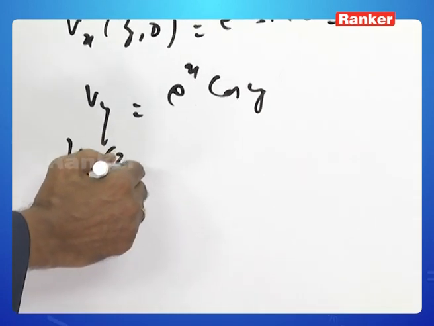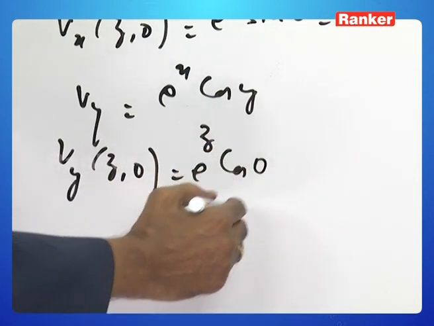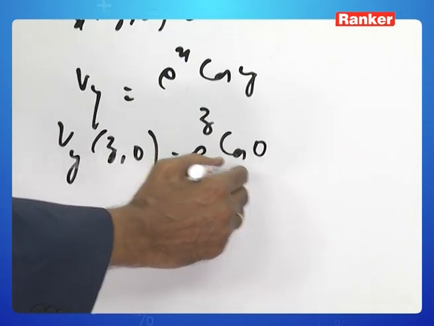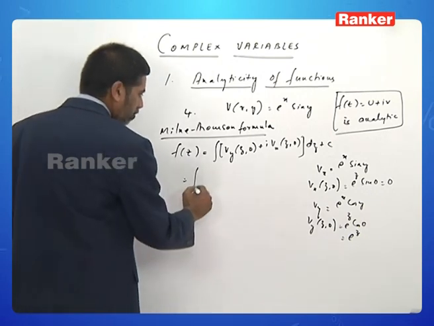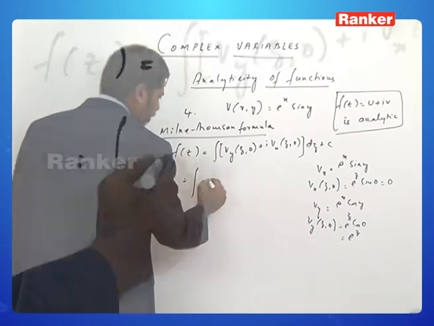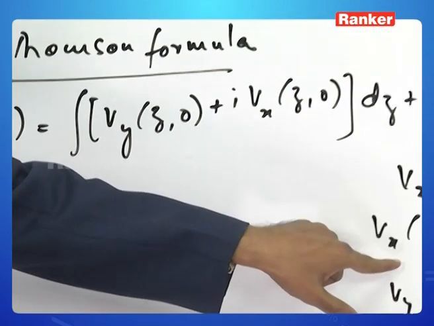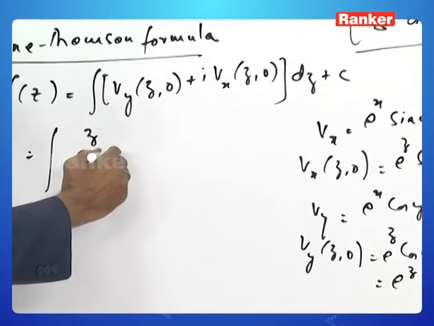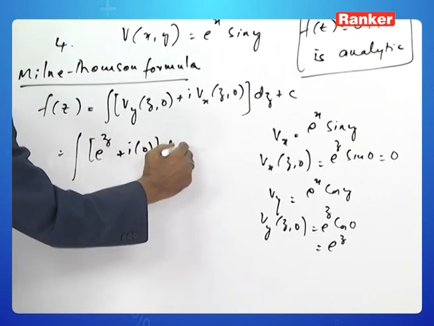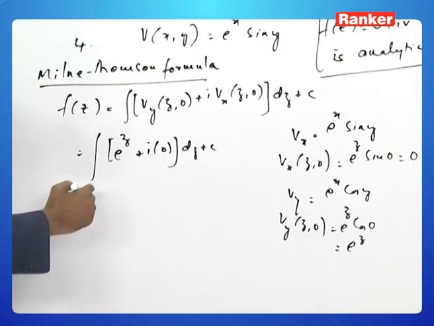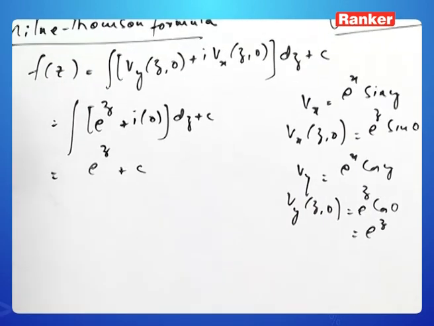So Vy at z comma 0 is e power z cos 0, so this will be e power z. So if you apply this into this one, f of z will be the integral of e power z plus i into Vx at z comma 0, which is 0, dz plus constant. So this is nothing but the integration of e power z, which is e power z plus constant.